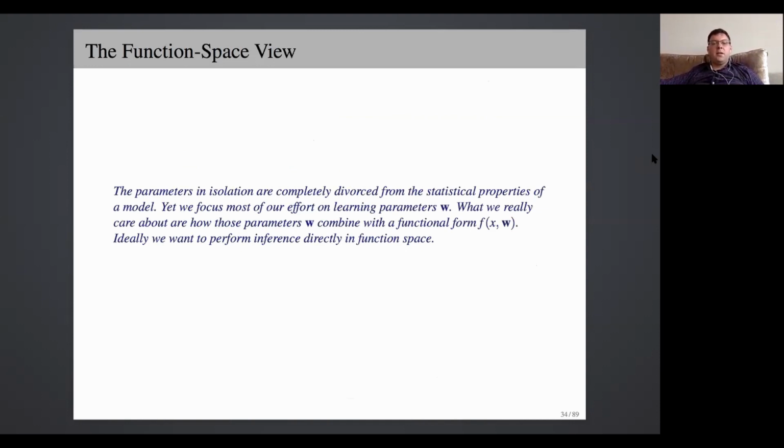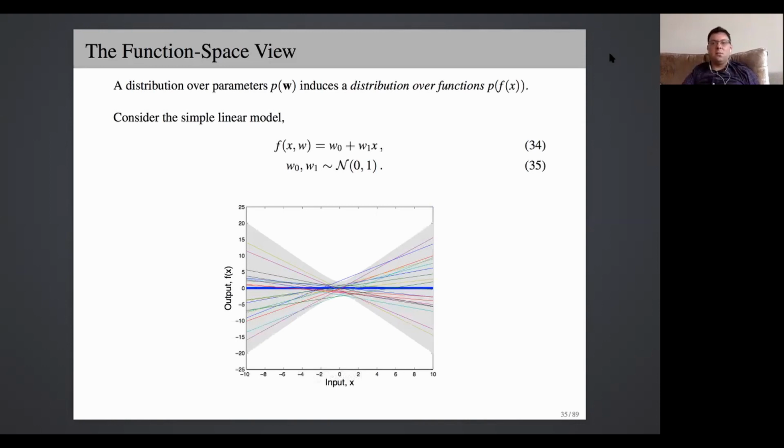Yet, in practice, we often focus almost all of our efforts thinking about these nuisance parameters, trying to learn them and reasoning about them, when really all we care about is how those parameters combine with the functional form of a model, f(x, w), to induce a distribution over functions. So ideally, we would like to perform inference directly in function space, and in a sense cut out the go-between that we have with these parameters, and think about exactly what we're interested in modeling.